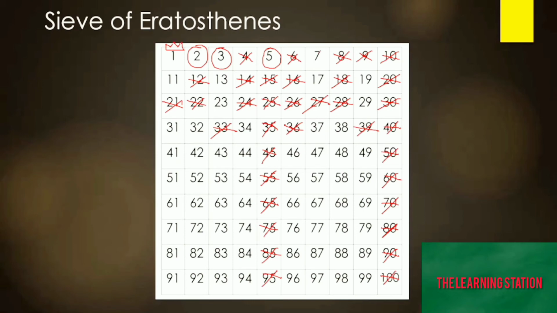Let's move to 7. 7 comes only in the table of 1 and 7. So it becomes a prime number. Now let us quickly look at the numbers which would come in the table of 7, which are 14, 21, 28, 35. Till now all of these numbers are crossed out.